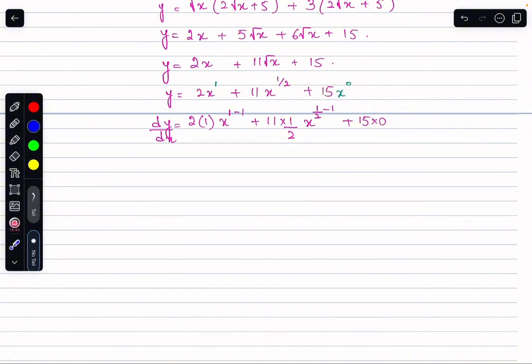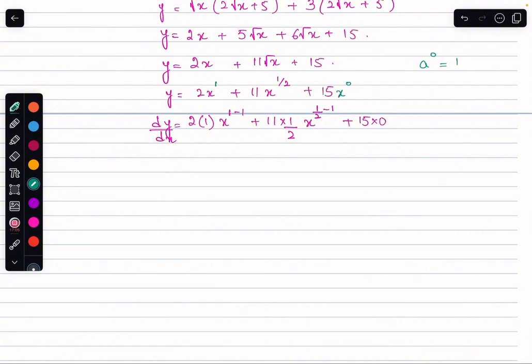This is the reason: with this constant I can see there is an x, but the power of x is 0. And here we should all know that any number to the power 0 is actually 1. So x to the power 0 is 1.